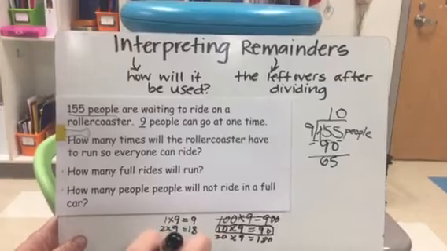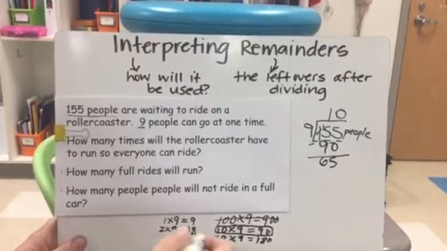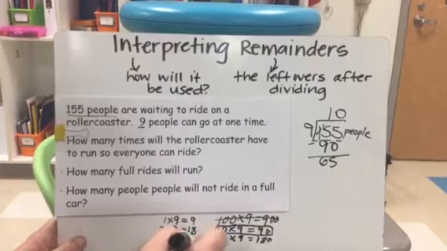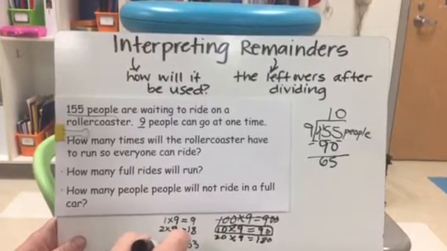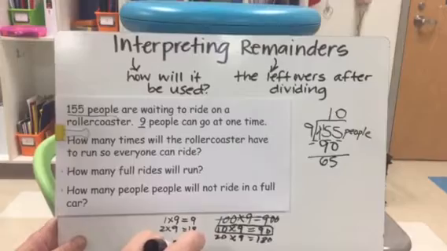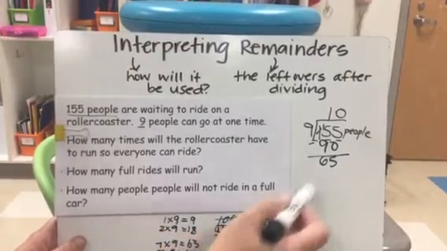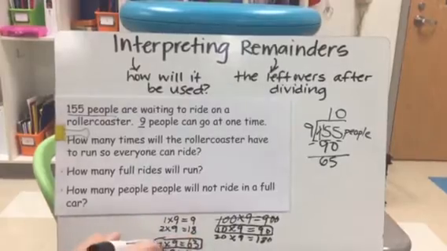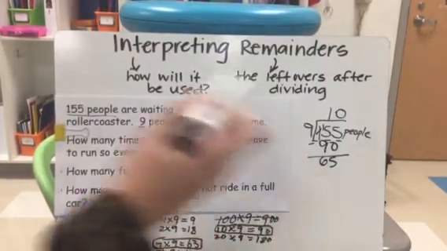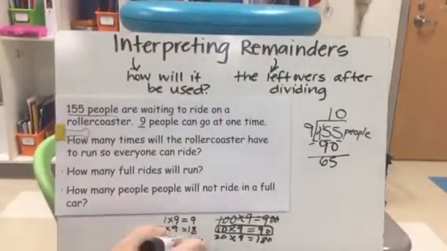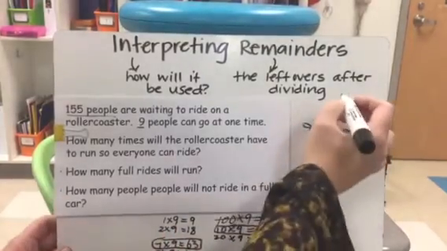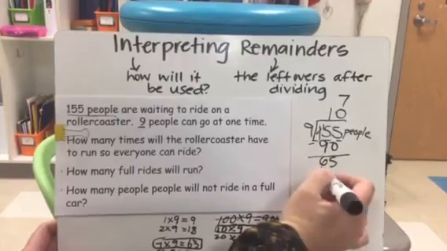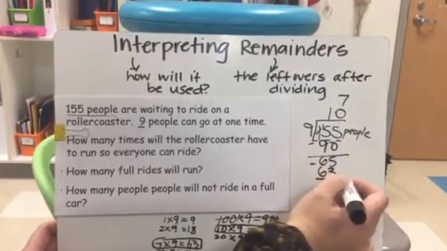And I continue on, and eventually I'm going to see that 7 groups of 9 is 63. And 8 groups of 9 is 72. Well, I have 65 here, so I'm going to use this one. That means 7 more rides went on the roller coaster, so that 63 more people could go. So 7 more rides of the 9 people let 63 more people go.